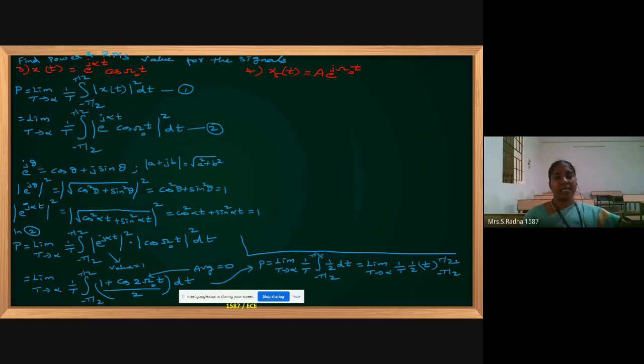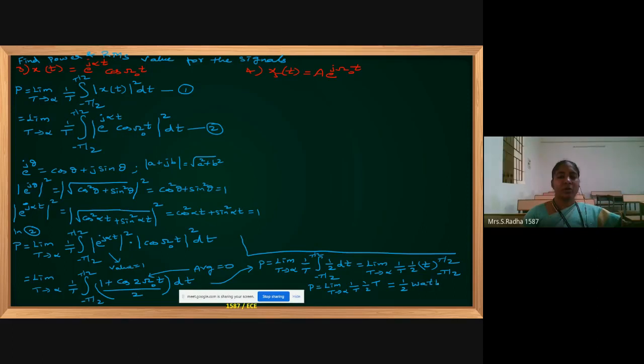When you substitute the limit, the t will get cancelled. Substituting the upper limit t by 2 minus minus t by 2, it will become t. T and t will get cancelled, so half watts is the answer.